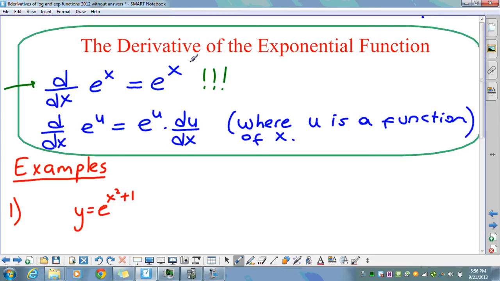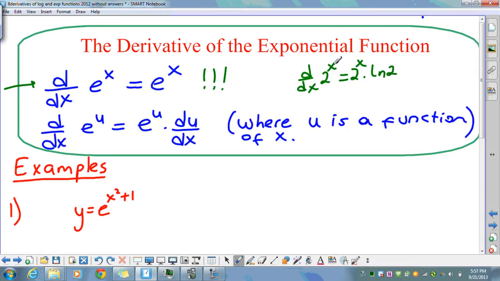So this is a very unique function, and this is the reason why base e is called the natural base. Because as we're going to see later on in this video, if you were differentiating any other base, say 2 to the x, that turns out to have a derivative of 2 to the x times natural log of 2.